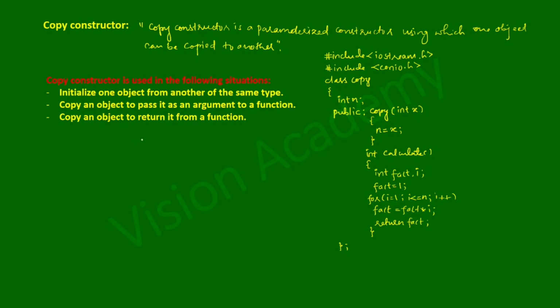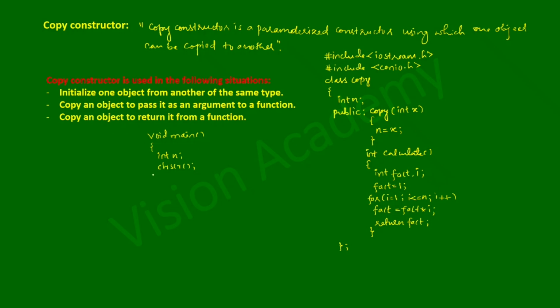Now let us write main function, void main, curly open brace. Now I'm going to declare a variable called n, and now I'm going to write clrscr function. So this is optional. If you want to write, you can write, otherwise you can leave it.